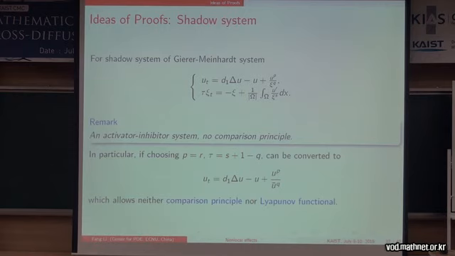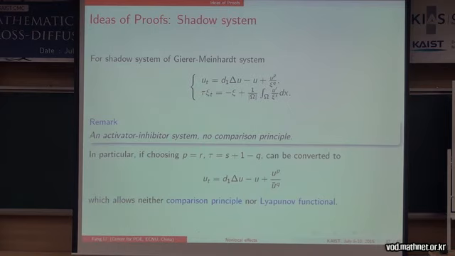If we choose the parameters p, q, r in the proper way, this system can be converted into a single problem involving non-local terms. For this one, it can be shown easily that there's no comparison principle. So that's why we have very different qualitative properties.